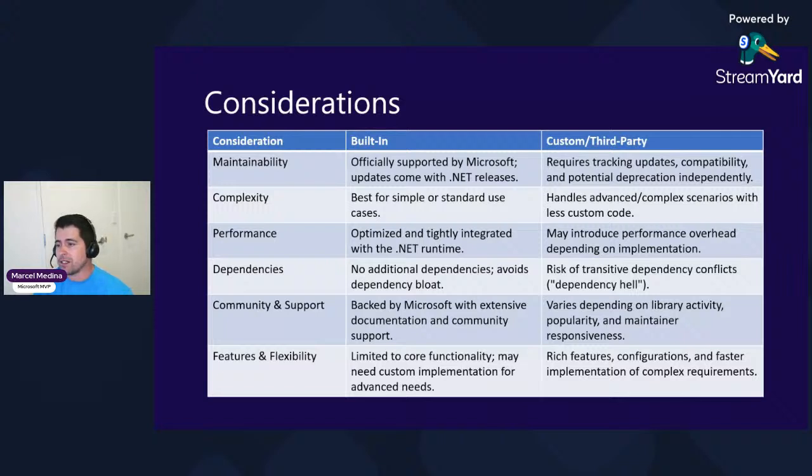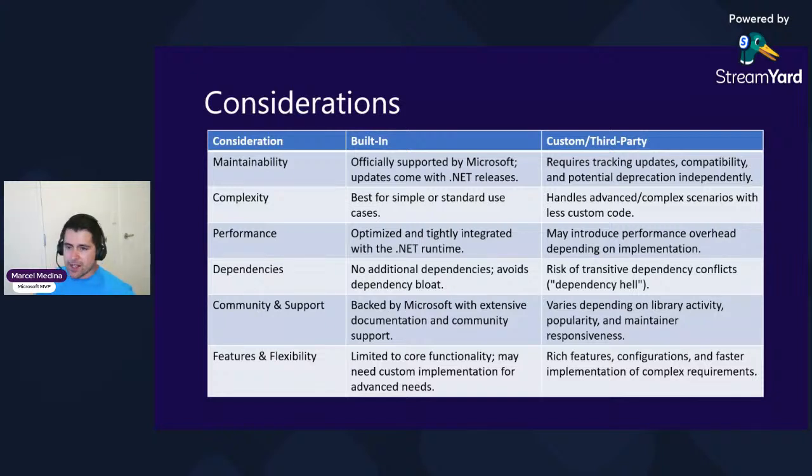Third party varies, it depends on the maintainer. Maybe the maintainer is going to bill for that, introduce a pricing model. And you need to consider that if that's what you really need.